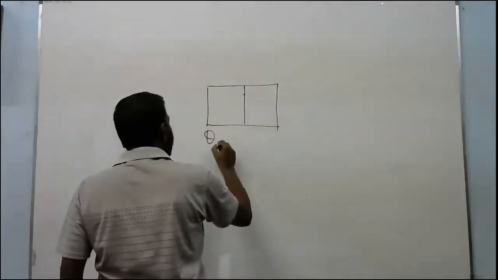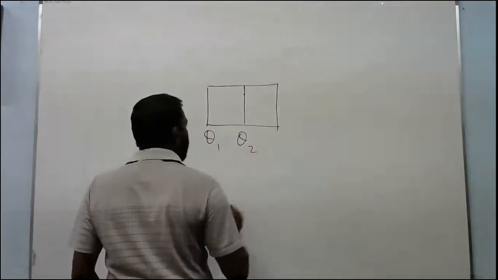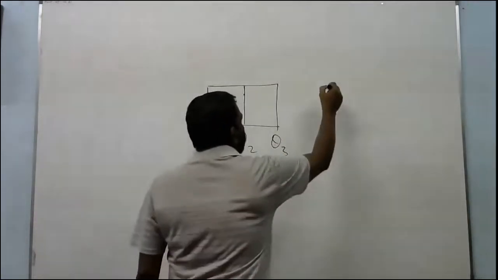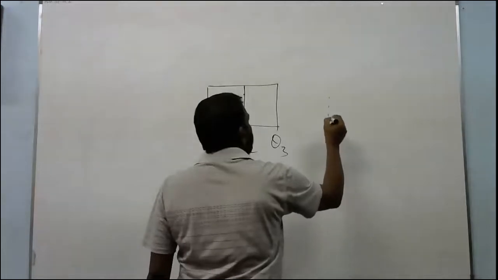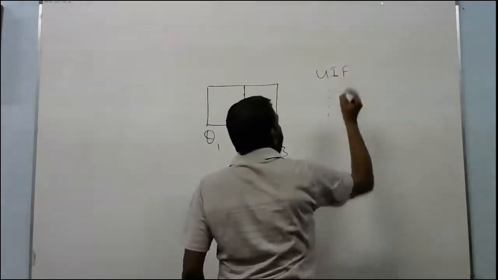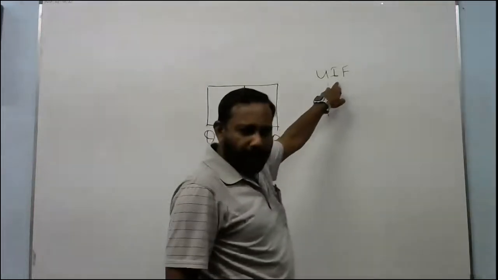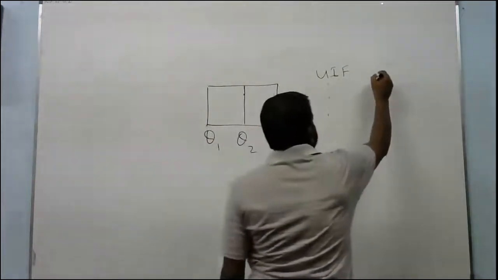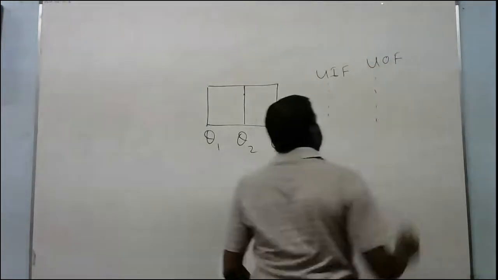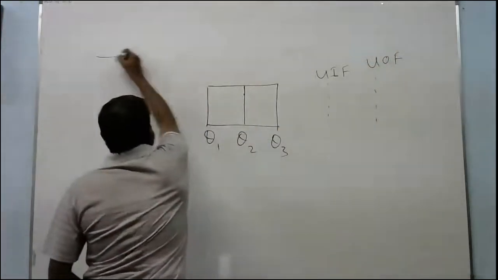This is Q1, Q2, for example, Q3, right? So we say this is the upper inner fence. I will put it as UIF, upper inner fence, and upper outer fence. This is on a scale.